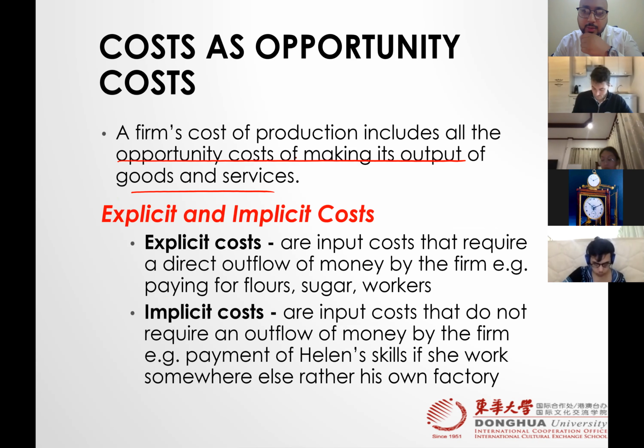So there are two types of costs which we talk about in economics. One is called explicit, the other implicit. Explicit, you can remember as expressive, which you can express, and which is hard money going out from your pocket, cash outflow. You pay for your workers, cash is going out.